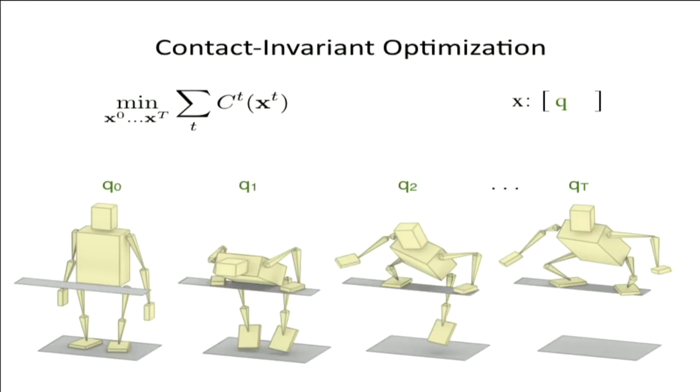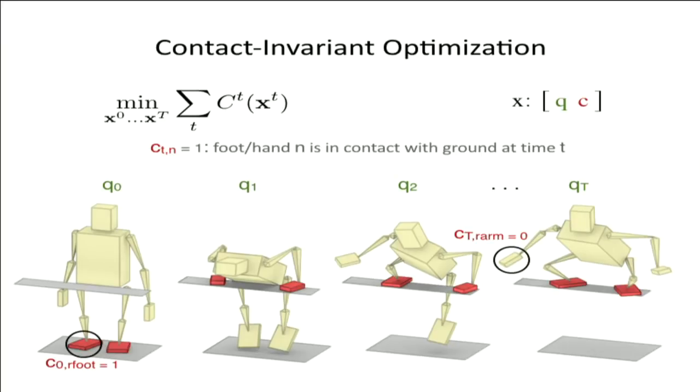where you start with a direct collocation method, and as before, your x, your state, contains all the joint angles of your character and all the degrees of freedom. But in addition, the state also contains these contact decision variables, these scalar variables, that basically indicate whether or not a foot or a hand is in contact with the ground at a particular point in time.